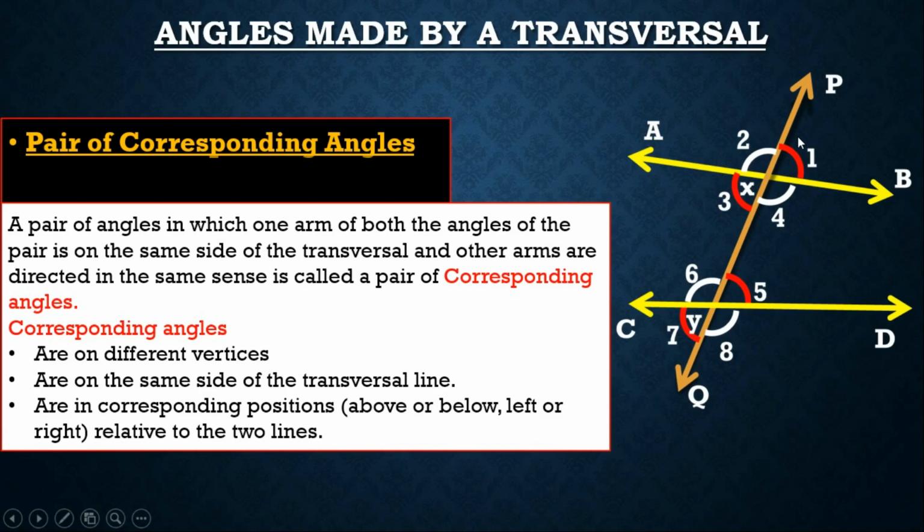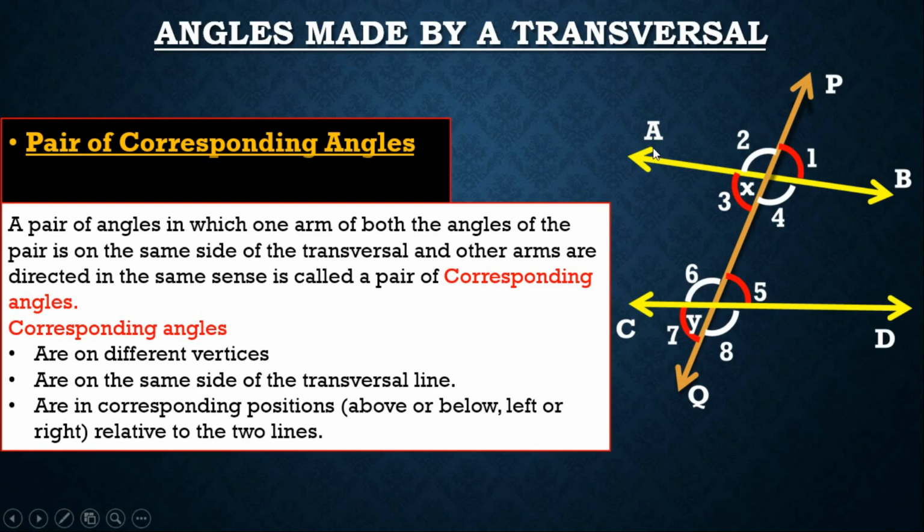So let us see another pair of corresponding angles. In angle PXB and angle XYD, we can see that arms XB and YD are lying on one side of the transversal, and arms XP and YX are going on the upward side, and hence angle PXB and angle XYD are one pair of corresponding angles. Angle 1 is the corresponding angle to angle 5.